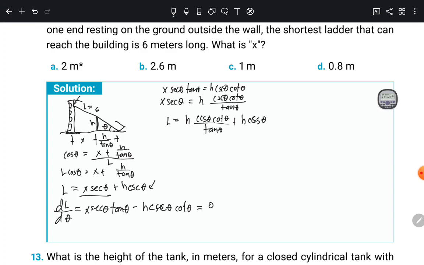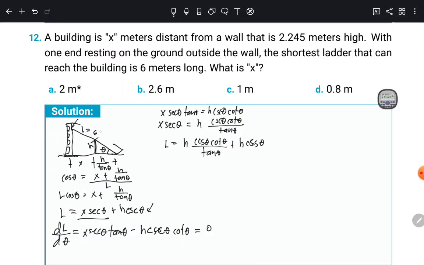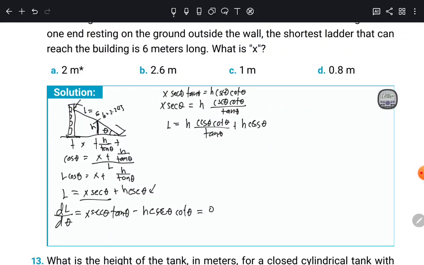But we know h and L. L is 6 and h is the height of the wall. Actually, that's given as 2.245. h is equal to 2.245 meters high. So we can factor that h and we divide it with L. So this will be 6 all over 2.245.